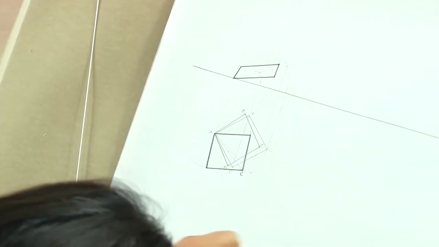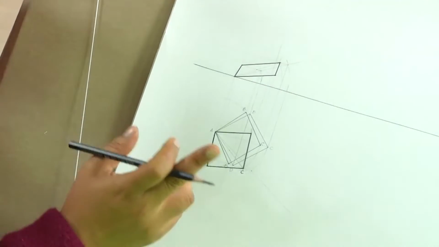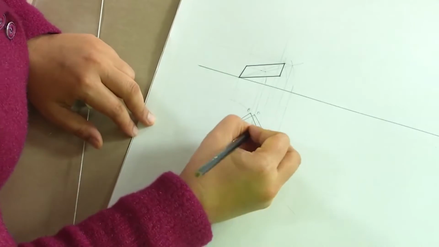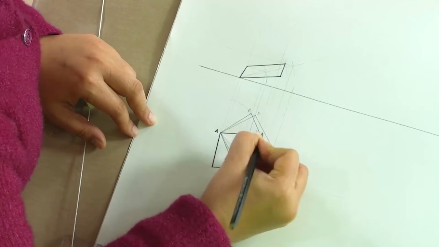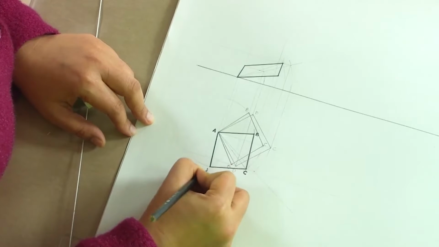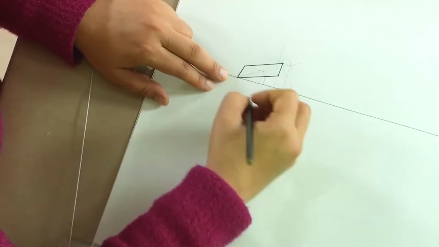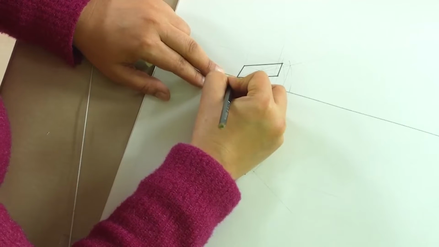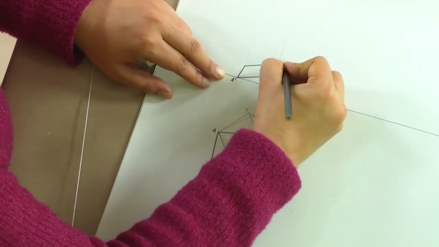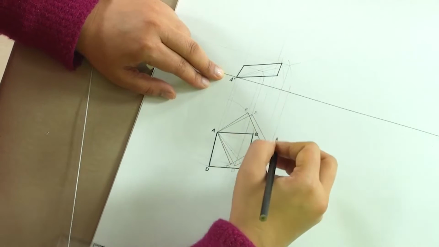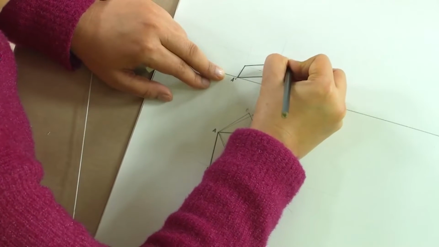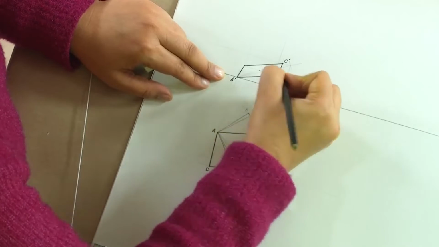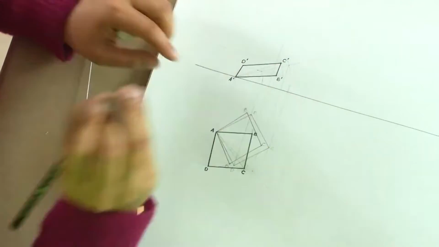So this is the final shape of this square, which is having its diagonal inclined to both HP and VP. So this is A, B, C and D, and here we have A dash, C dash, B dash and D dash.